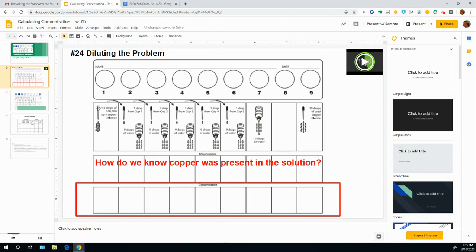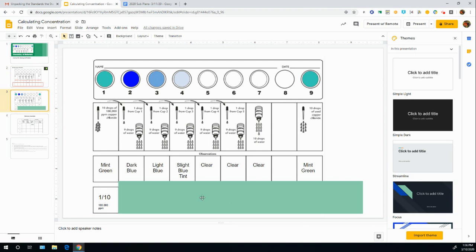I think that it should be quite obvious, simply from looking at this, that the concentration in cup 1 was 100,000 parts per million, as it was shown on the bottle. Okay, please remember that 100,000 parts per million is equivalent to the fraction 100,000 per million. So let's take a look at this data.